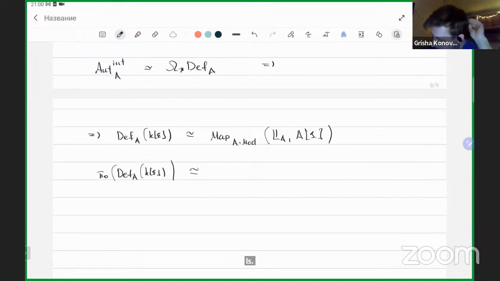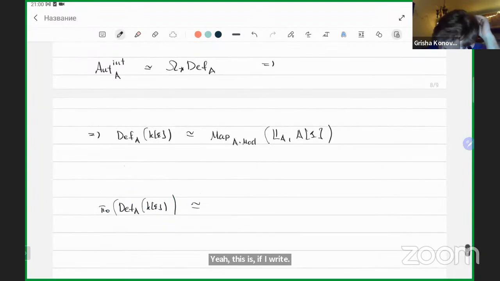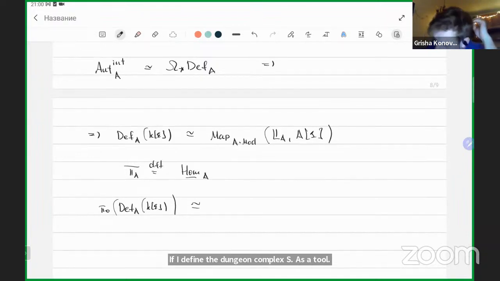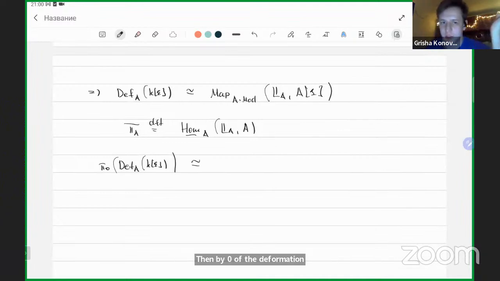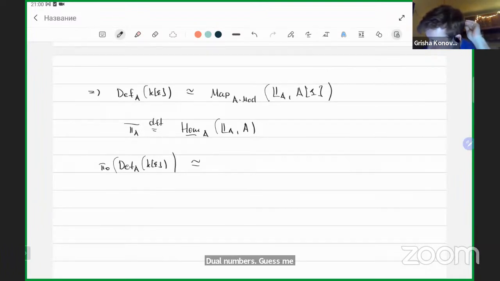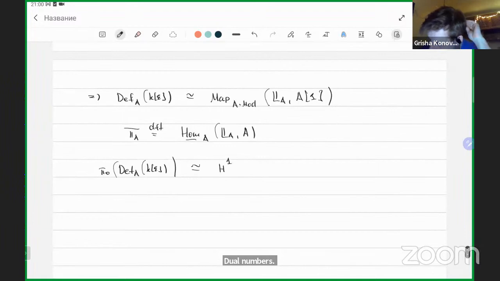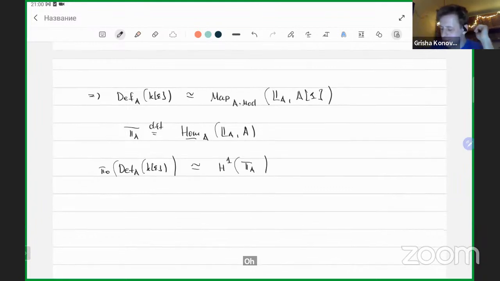Yeah, if I define the tangent complex as the dual to the cotangent complex, so I need to take local Hom over A from L_A to A, then pi 0 of the deformation functor evaluated on the algebra of dual numbers gives me the first cohomology of the tangent complex.